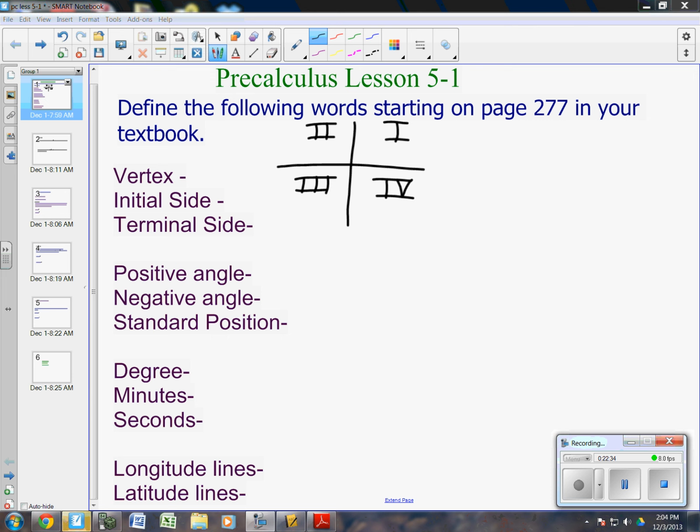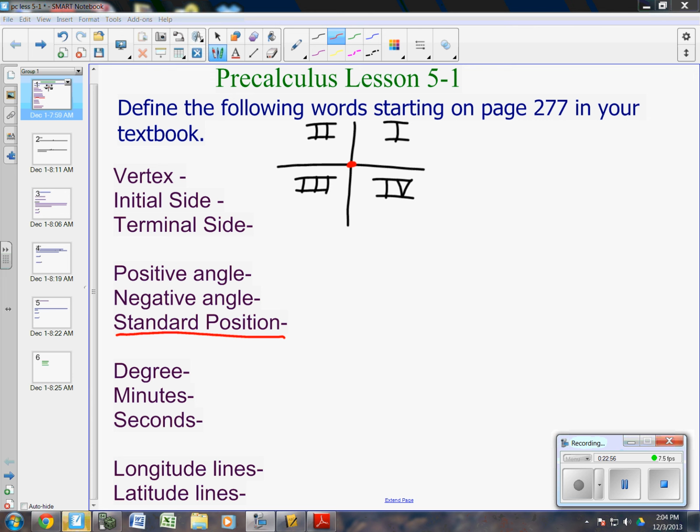Okay, second of all, when we put an angle in standard position, right down here, that one right there, the vertex is always at 0, 0. Okay, and we have what's called an initial side and a terminal side. What does the word initial mean? First, started, beginning, right?